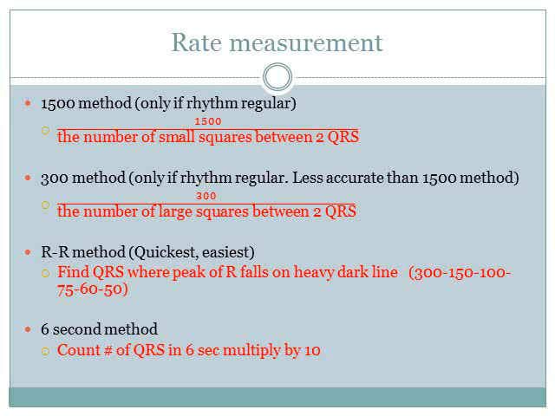300 method is a simpler method than 1500 method, and it is therefore less accurate. What we do here is divide the number 300 by the number of large squares between two QRS complexes. And the RR method is the quickest and the easiest method, but what we need to remember is the series of numbers that's given within the parenthesis here: 300, 1500, 100, 75, 60, and 50.